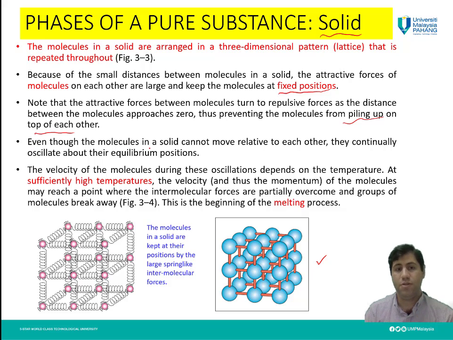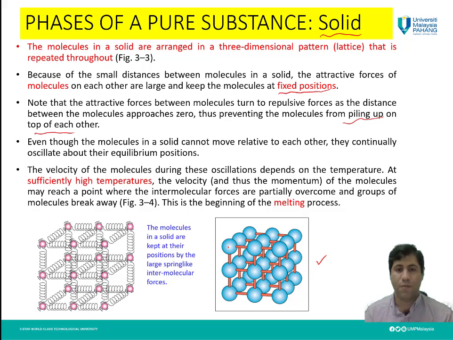Even though the molecules in a solid cannot move relative to each other, they continually oscillate about their equilibrium position. So the only motion for the molecules in the solid phase is oscillation. The velocity of molecules during this oscillation depends on the temperature.